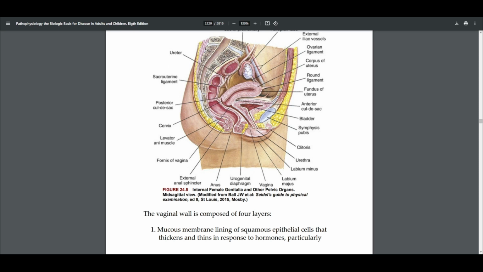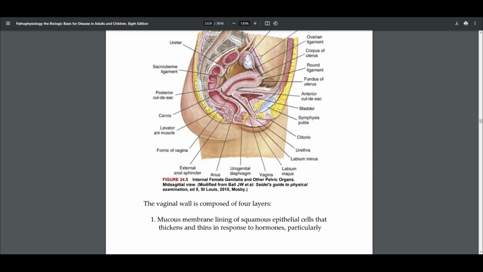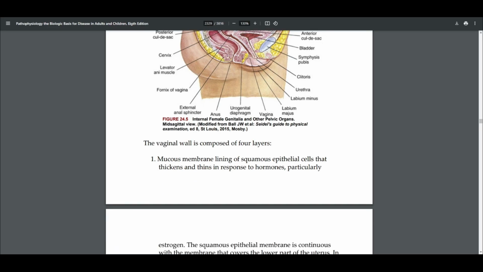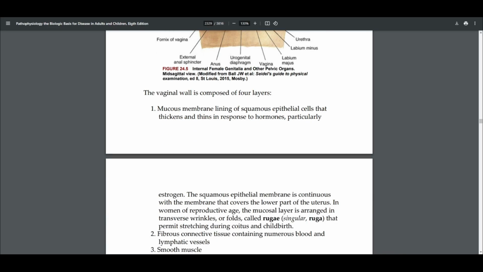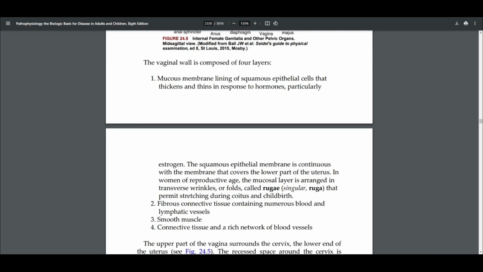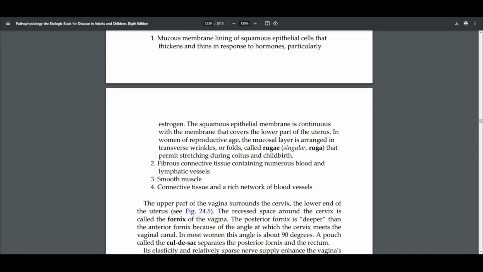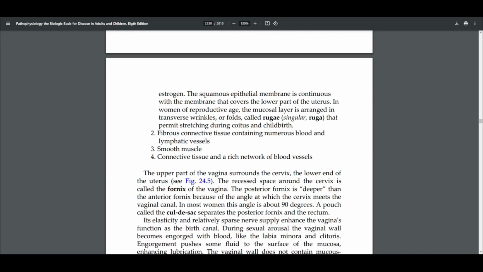The vaginal wall is composed of four layers. One, the mucous membrane lining, the squamous epithelial cells that thicken and thin in response to hormones, particularly estrogen. The squamous epithelial membrane is continuous with the membrane that covers the lower part of the uterus.